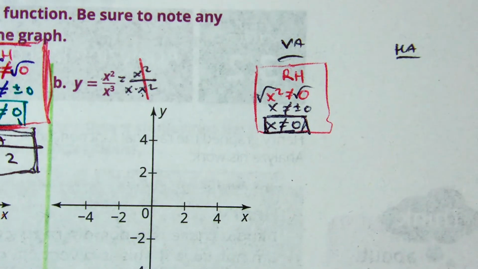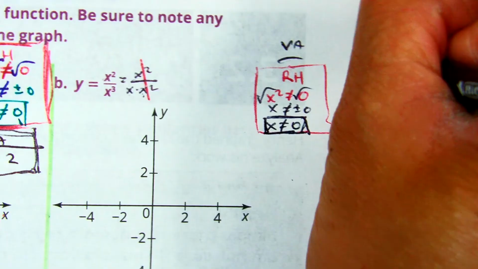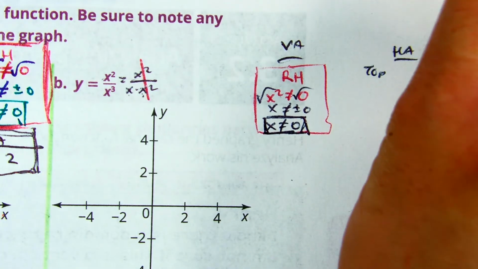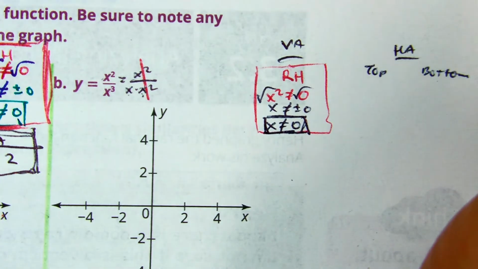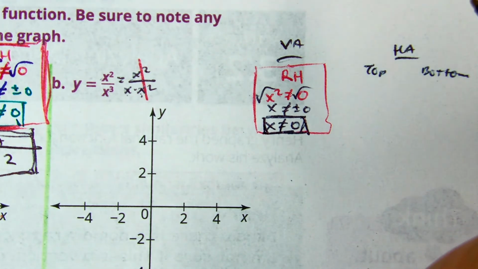Alright. Partner A, tell your partner what are the degrees of both the top and the bottom. Diana, what is the degree on the top?